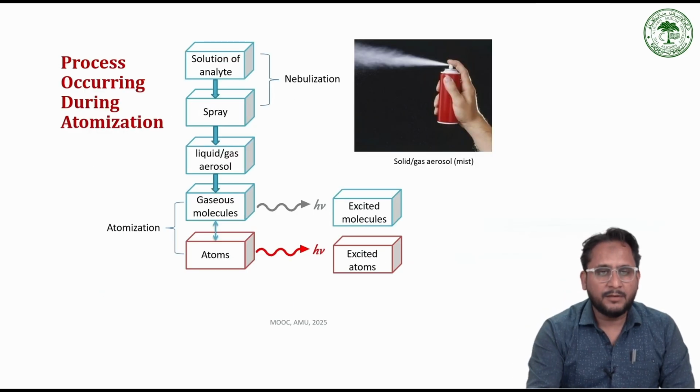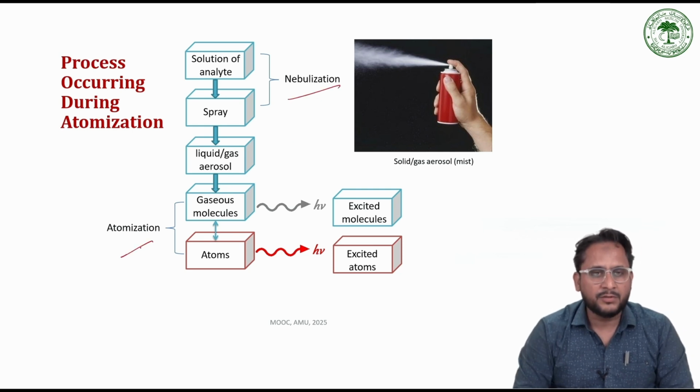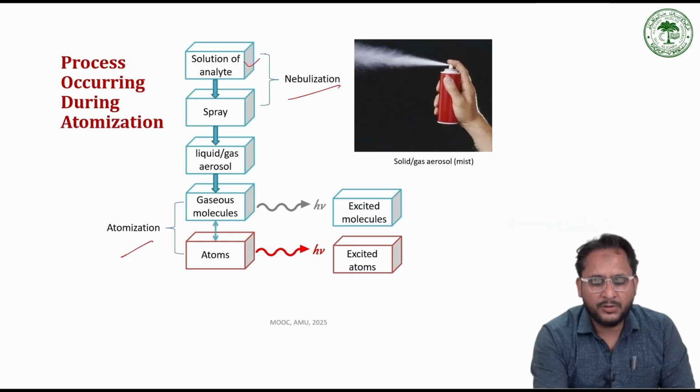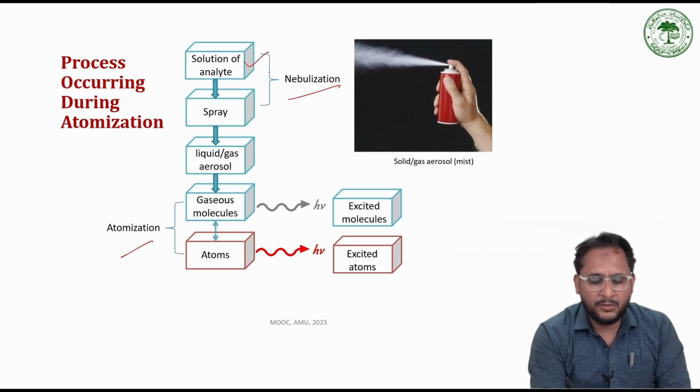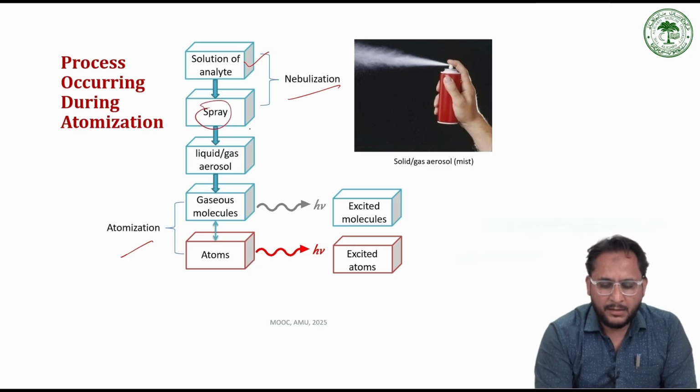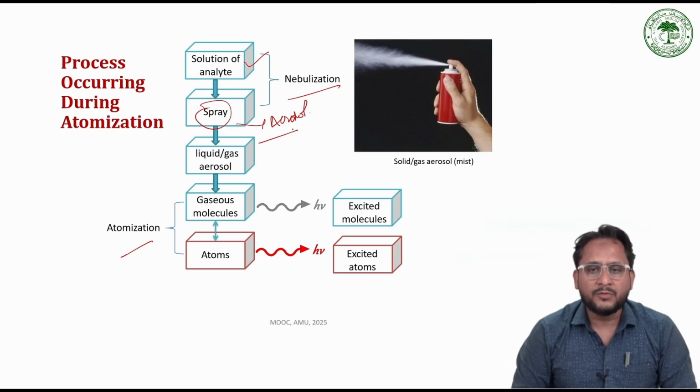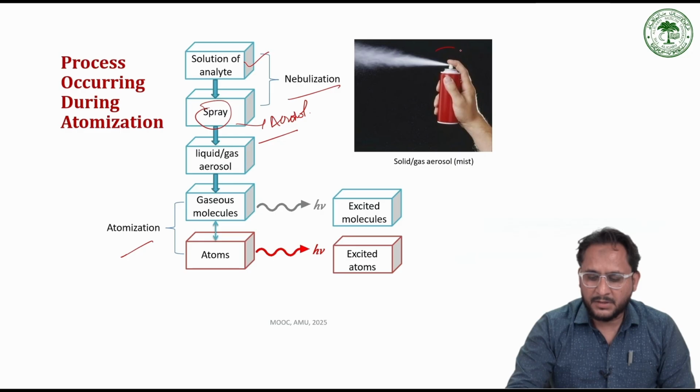So this is a flow sheet representing the two processes of nebulization as well as atomization. In this, as I said, you take a solution of the analyte, then that analyte is converted into a spray, an aerosol, just like we use our perfumes or various other things that are stored in the form of a liquid at high pressure, and they are released in the form of an aerosol.